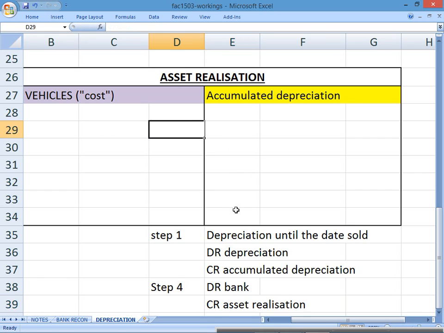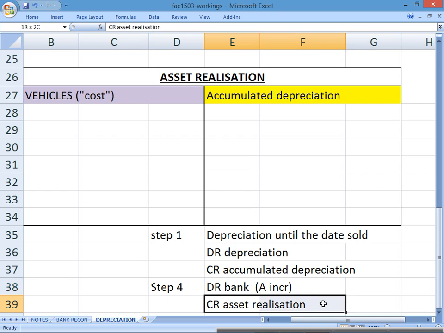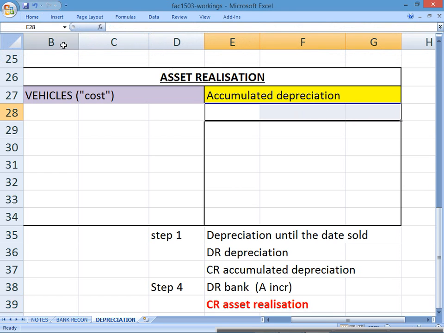Why? Because you're selling the asset. If you're selling the asset, do you get cash? Of course you do. So the asset is going to increase. You're going to get more cash than you started with. If I'm debiting bank, I'm going to credit the asset realization.